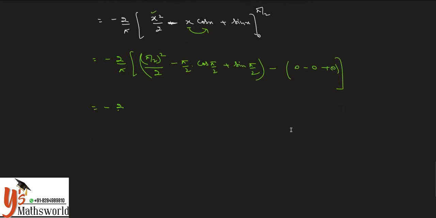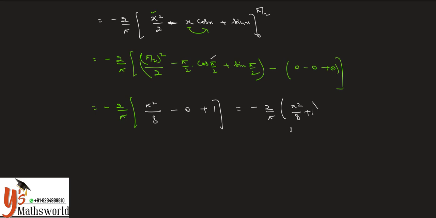So minus 2 upon pi, so pi square, and 2 square will be 4, 4 twos are 8, minus pi by 2 cos 90 is 0, 0 into something is 0, plus sin 90 is 1.